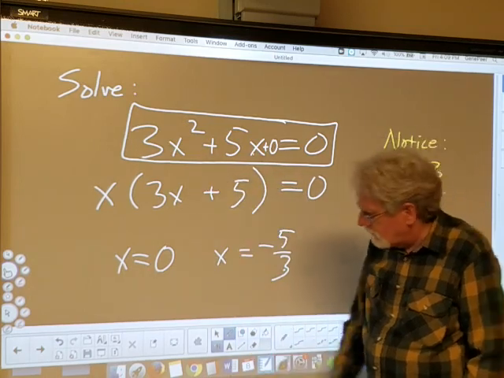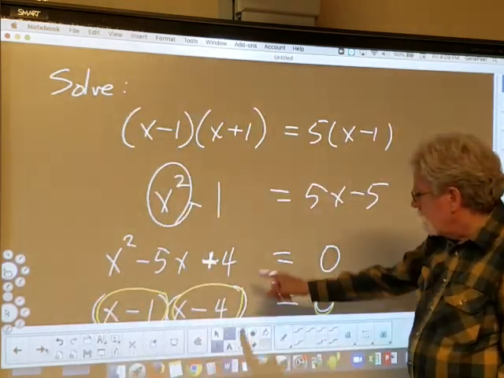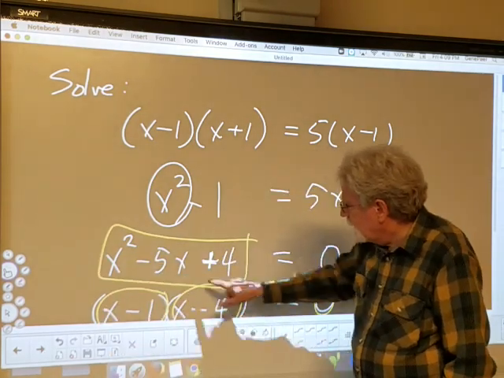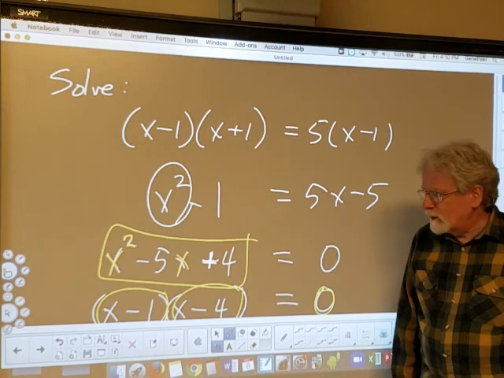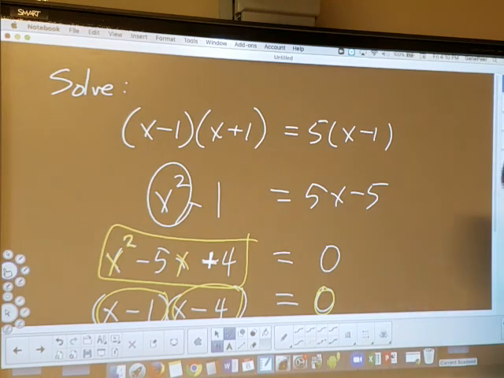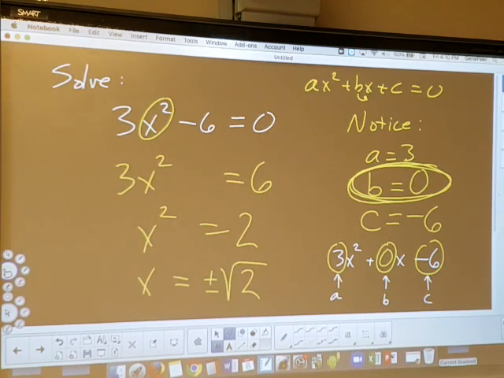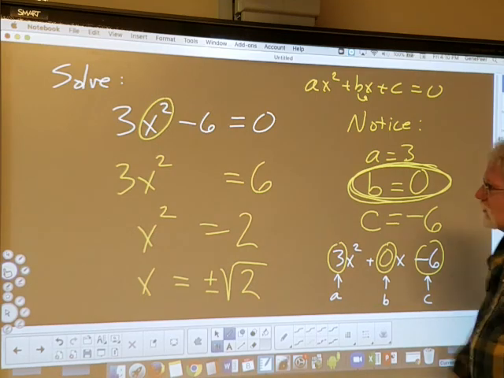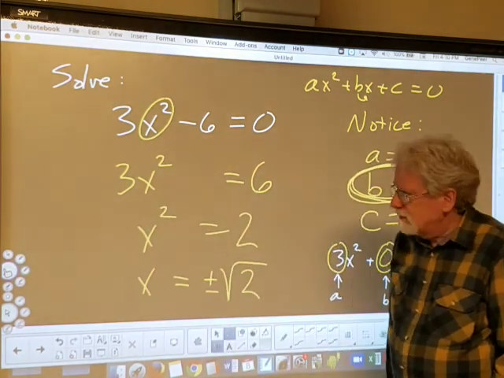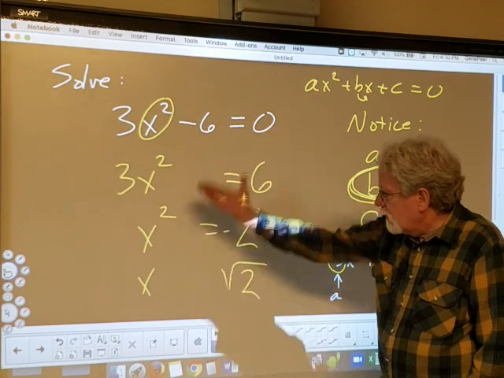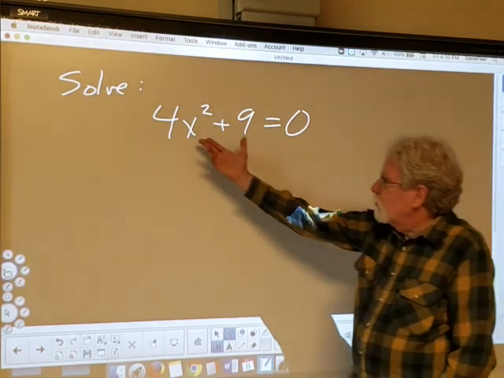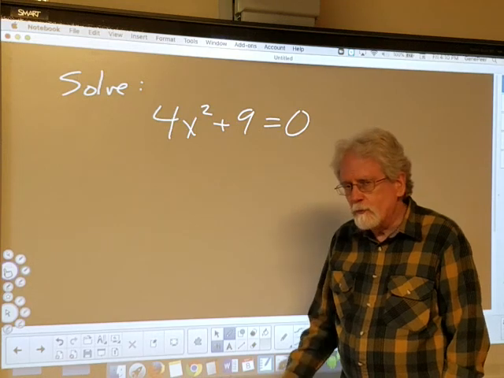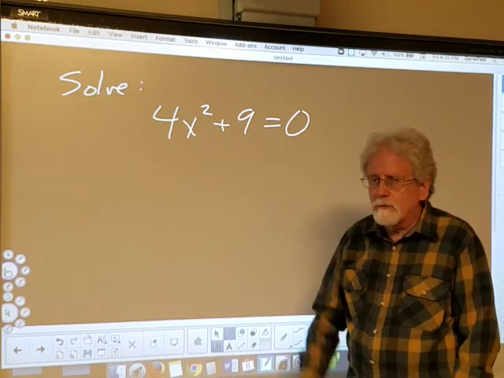We had to factor it. Even in this example right here, x was in 2 places. We couldn't get x by itself, we had to factor it. But in this example, x is in just 1 place. So we can just get it by itself. Likewise here, x is in just 1 place. There is no b value, so we can just get it by itself.